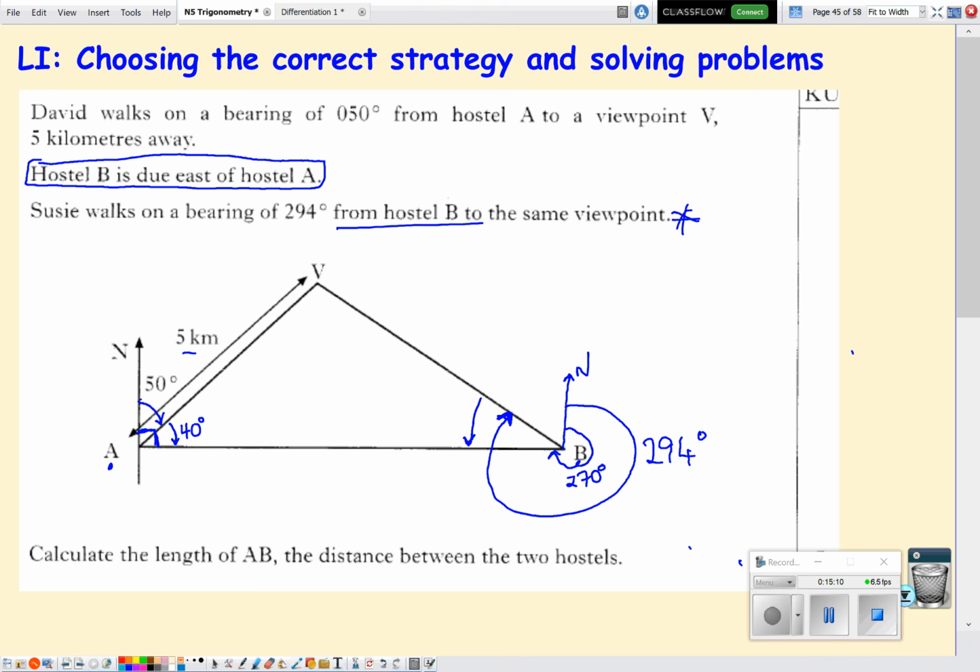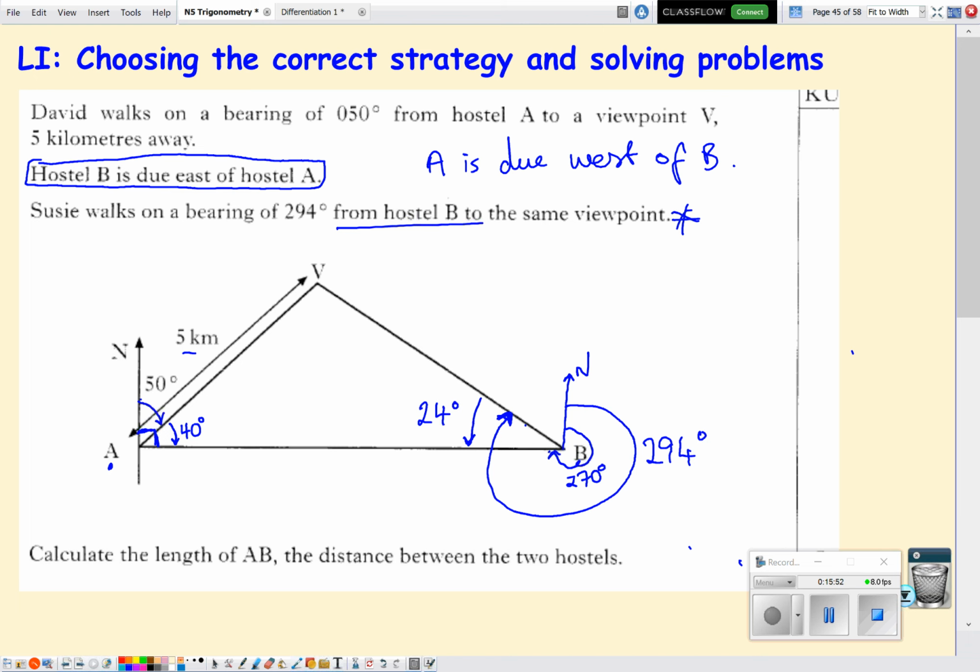It has to be, because if B is due east of A, then it stands to reason that A would be due west of B. If B is east of A, then A must be west of B. So that means we've now got 270 to this line, 294 to this line. So this angle in here must be the difference between 270 and 294, so 24 degrees.